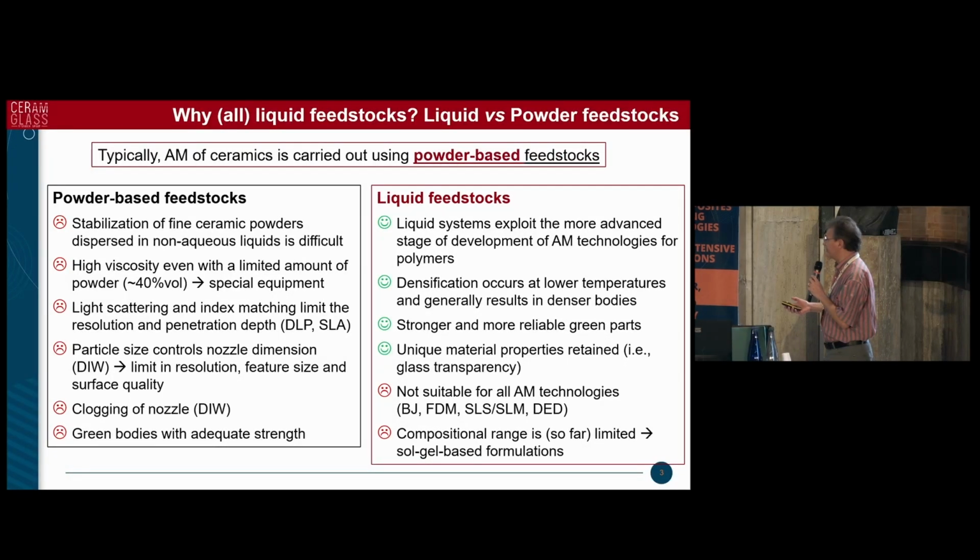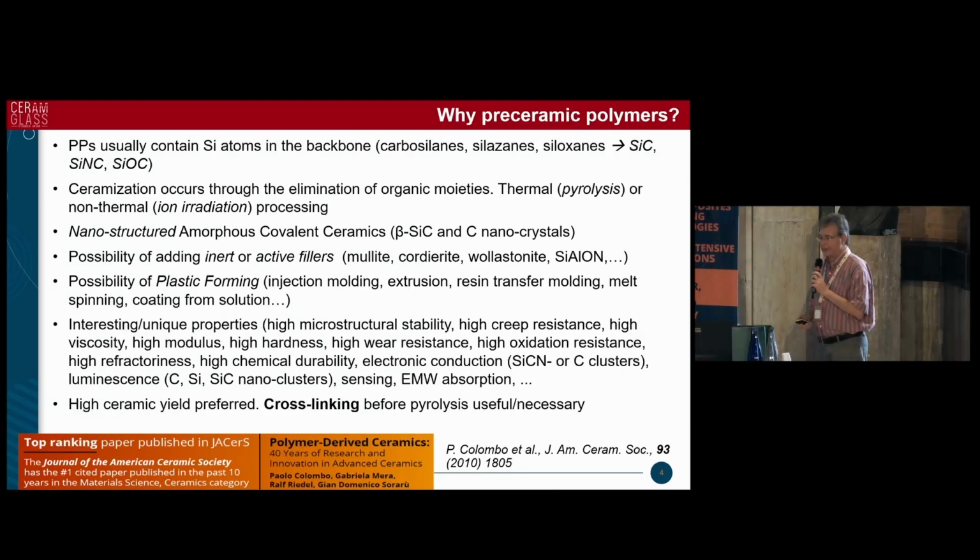And there are some limitations in terms of the compositional range, and that is why we are using sol-gel, in order to extend the range of compositions that we can obtain, for instance to work with non-silicon-containing compositions. And with sol-gel, we can make both oxide and non-oxide ceramics.